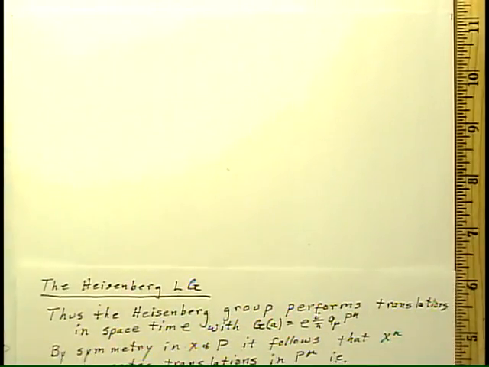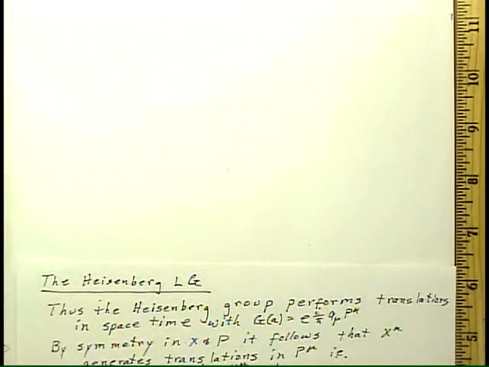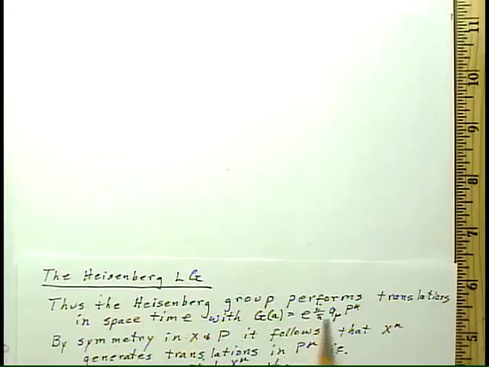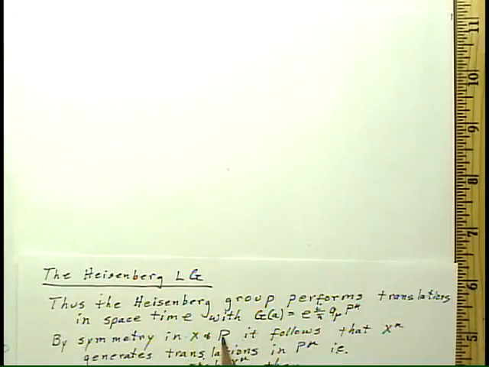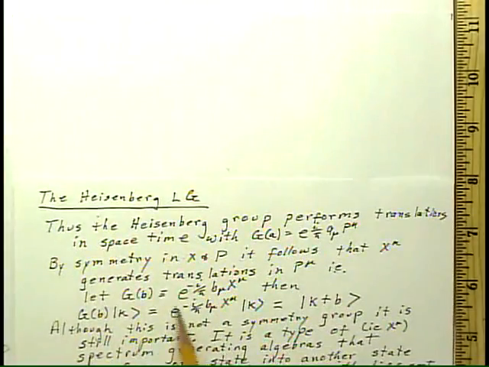Continuing with the Heisenberg group, we see that the Heisenberg group momentum operator translates us in space-time according to this transformation right here. By symmetry between the x and the p, it follows that the x will generate transformations that translate us in the p space.